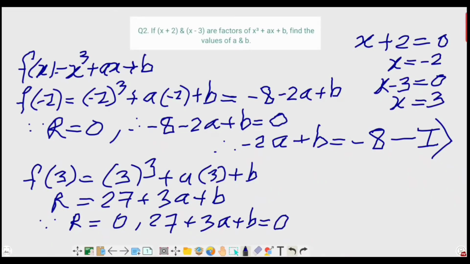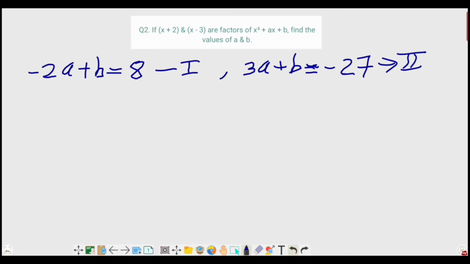This will give you the next equation, that is 3a plus b equals minus 27. Now you have to solve both these equations simultaneously. You can utilize any method. Now I am showing the elimination method.